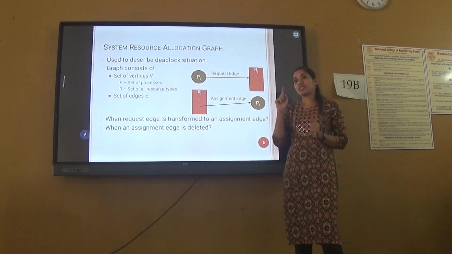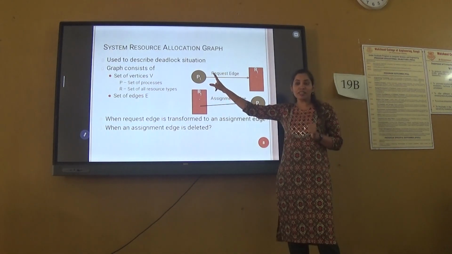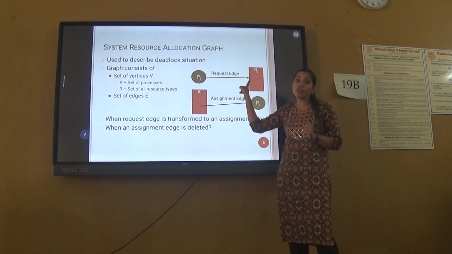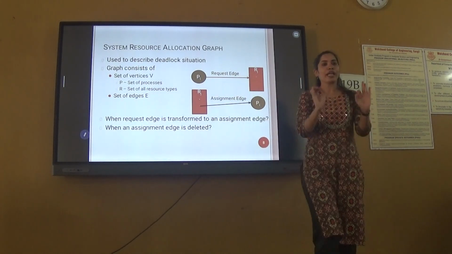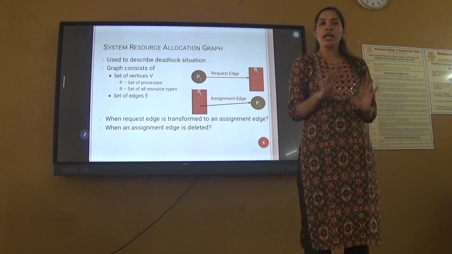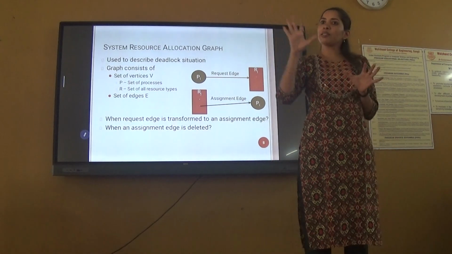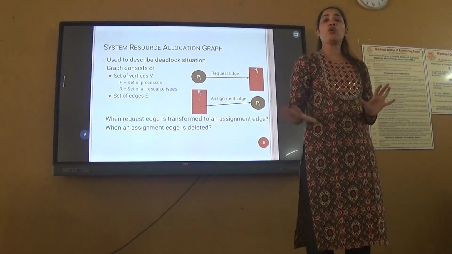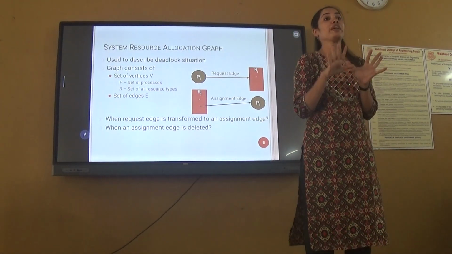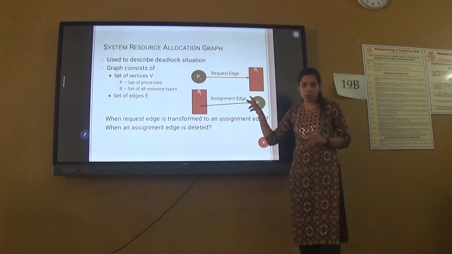The starting and ending points. Here, the request edge ends at the boundary. What does it mean? I want any of the resources. Let's say there are 120 benches and I am demanding this particular bench. I simply say I want a bench, because I know all these benches are of equal capacity. That's why the process is demanding only one of the resources.